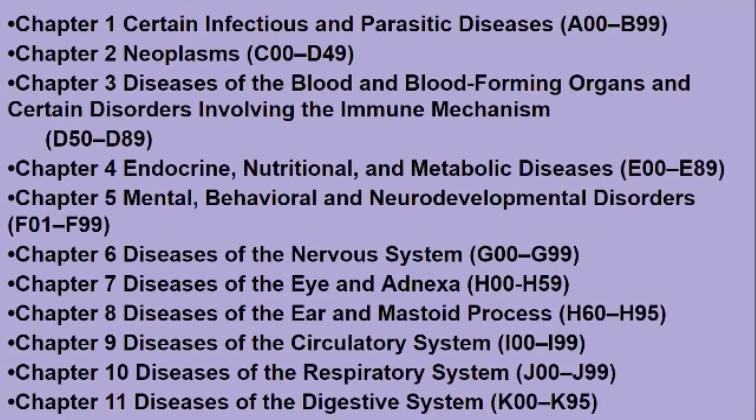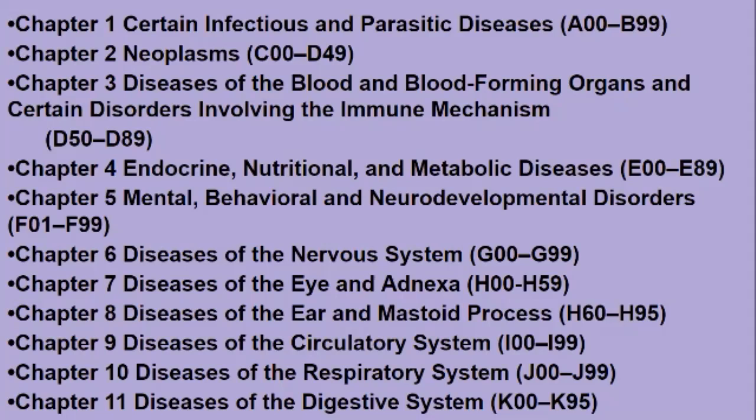Chapter 3, diseases of the blood and blood-forming organs and certain disorders involving the immune mechanism, D50 to D89. Chapter 4, endocrine, nutritional and metabolic disease, E00 through E89. Chapter 5, mental, behavioral, and neurodevelopmental disorders, F01 through F99.